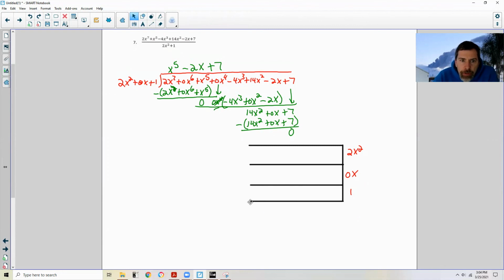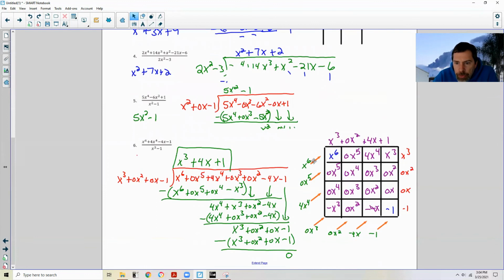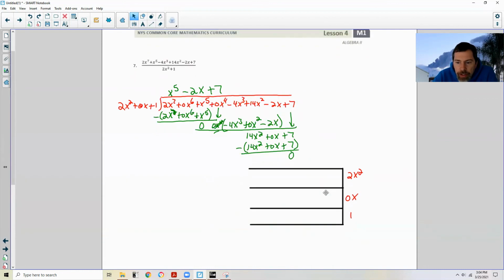How many verticals do we need? Well, we need 1, 2, 3, 4, 5, 6, 7, 8. Whew. So this one up on the last page, let's go back. This one had 7 terms and I needed a 1, 2, 3, 4, 5, 6, 7. If I need 8, it's 1, 2, 3, 4, 5, 6, 7, 8. So it's going to be 5 by 3. I have 3, I need 5 vertical to total 8.